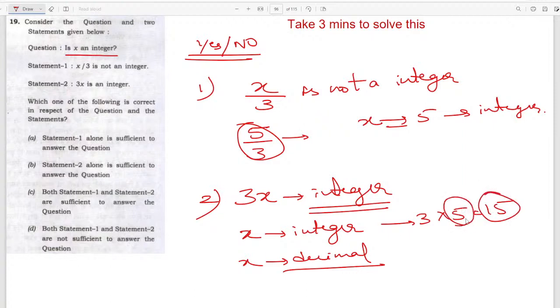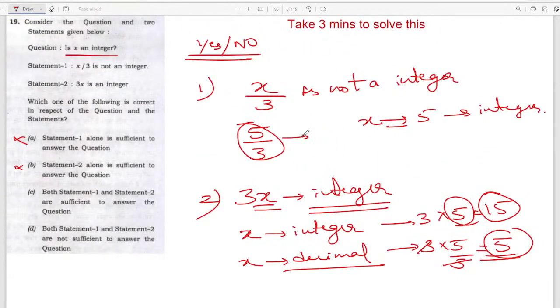So x is an integer. But I can also say 3 into 5 by 3. 5 by 3 is a decimal. If 3 and 3 cancel, this will again give you an integer. So when you multiply 3 with a decimal also, you can get an integer. So you cannot clearly say whether x is an integer or not. The statement alone is not sufficient to answer this question.